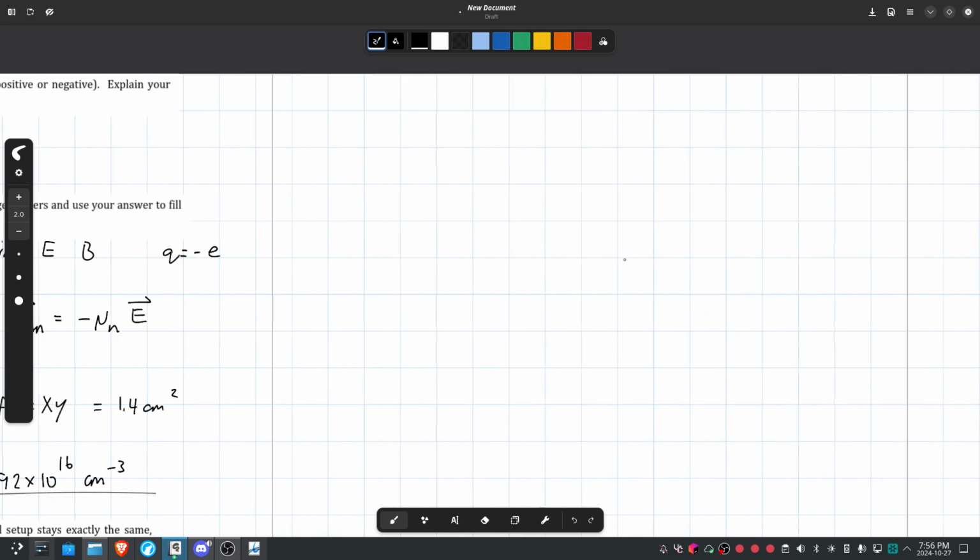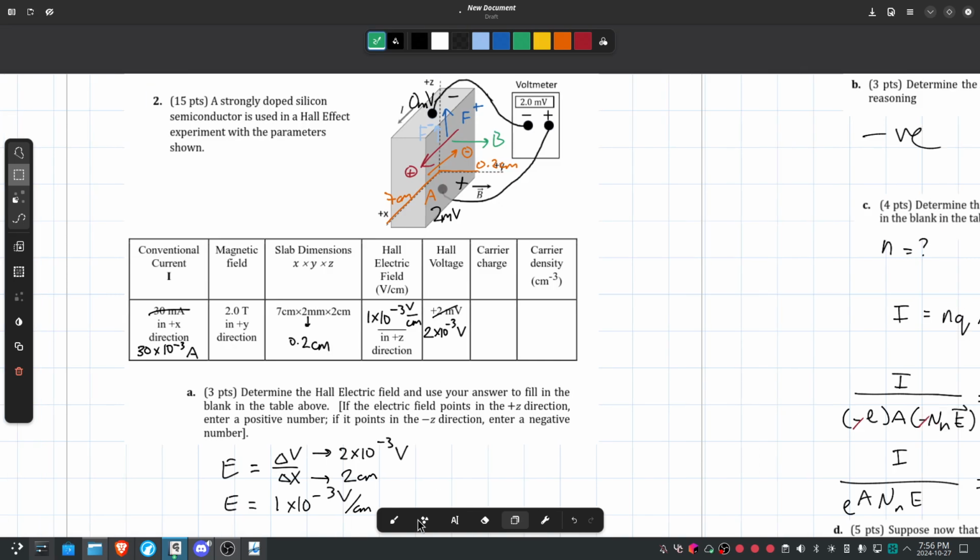Okay. So whenever you have, yeah, it's right hand rule. So whenever you have a current flowing down, and we're going to put B in this direction, right? Actually, let's just copy the diagram. It's easier.